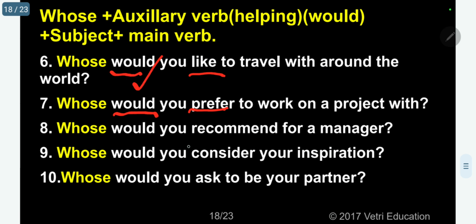Whose would you recommend for a manager? Would, auxiliary, recommend, main verb. Whose would you consider your inspiration? Consider, main verb, would, auxiliary. Whose would you ask to be your partner? Ask, main verb, would, auxiliary.